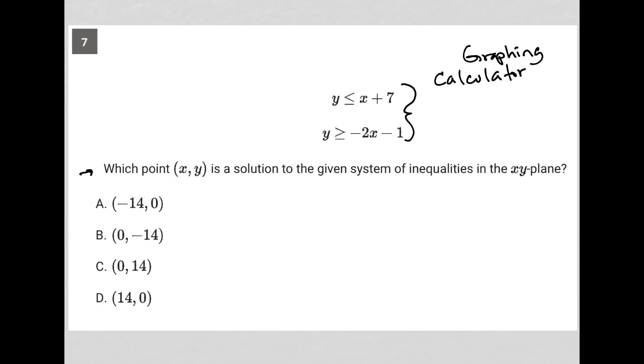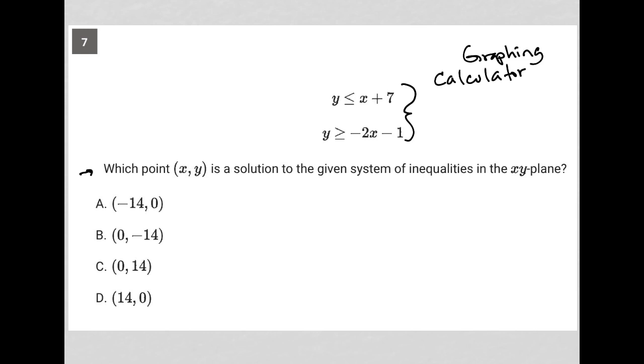So I'm trying less than or equal to x plus 7. Nope, doesn't like that. So I'm going to treat this like a system of equations. So I'm going to graph y equals x plus 7, and y equals negative 2x minus 1.